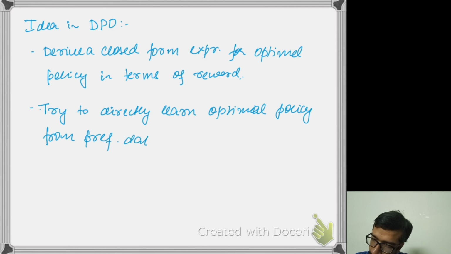How do you do that? If you have a closed form expression for the optimal policy in terms of reward, you can get a solution for the reward in terms of the optimal policy. Then, by substituting that, instead of training the reward, you directly learn the policy. We'll see how it works.